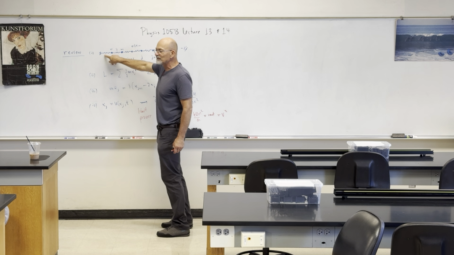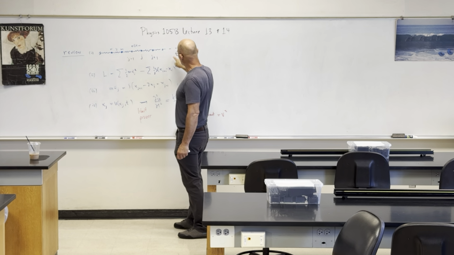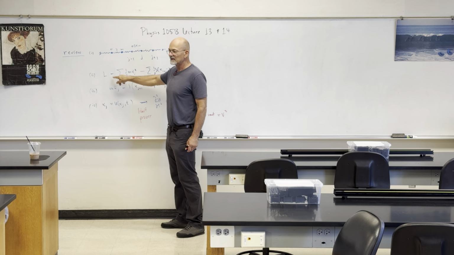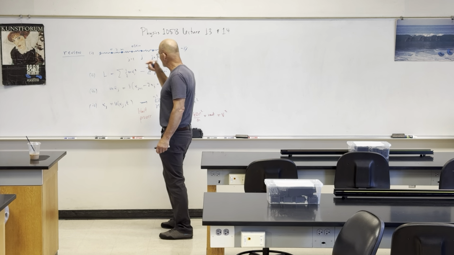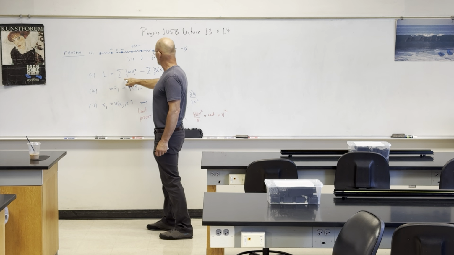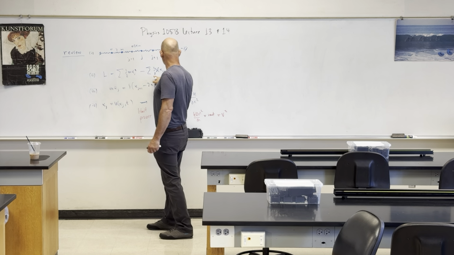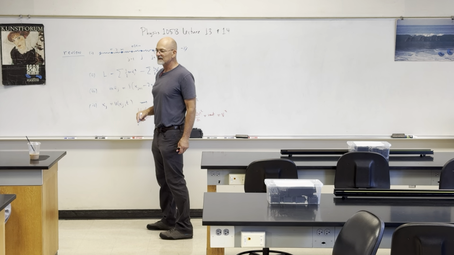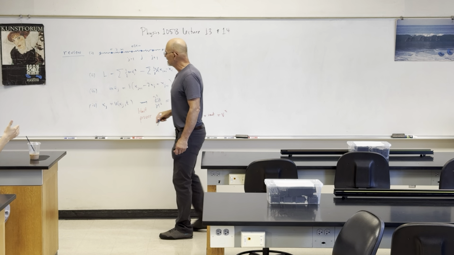You have to be careful with the endpoints. So I didn't include the endpoints here. The end masses only have one neighbor, so probably this would be k equals 2 to n minus 1 type of thing. I guess you can make the endpoints go out of the screen so it appears infinite.